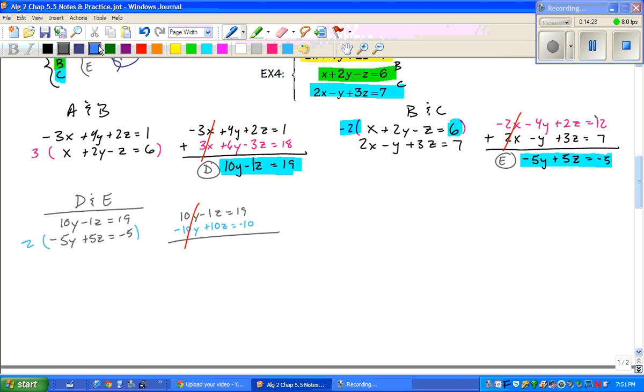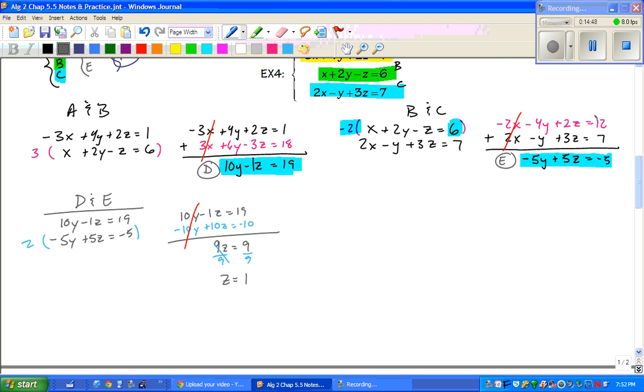The y's cancel. We get 9z equals 9. And now divide both of those by 9, and we get z equals 1.